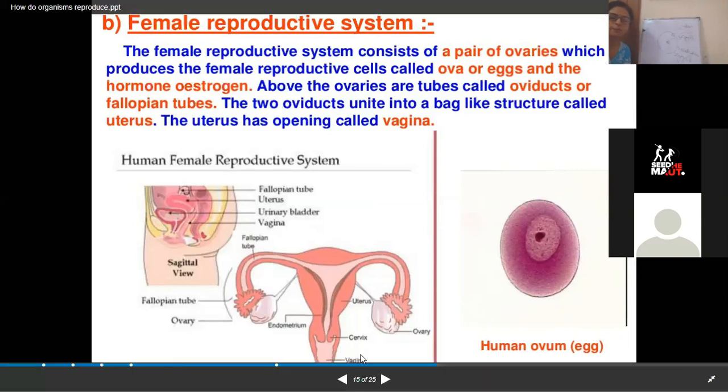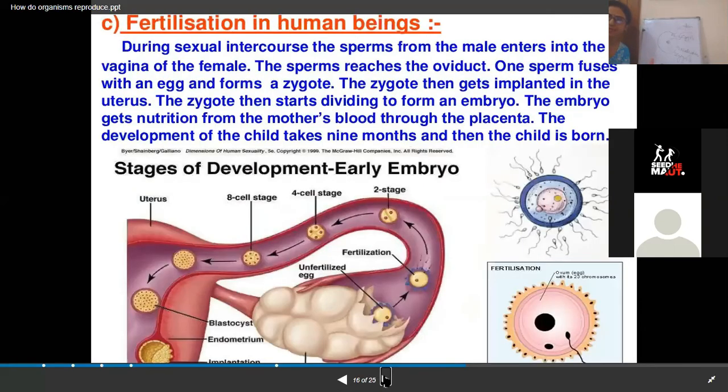Now what happens during fertilization? How does fertilization take place? During copulation, when the sperm enter into the vagina, through the vagina they move into the cervix. As I told you, it's a small opening.